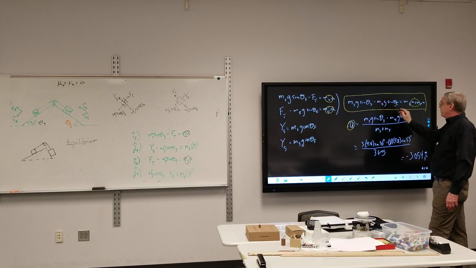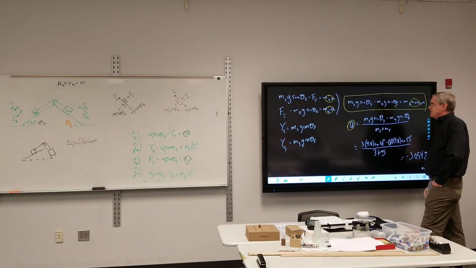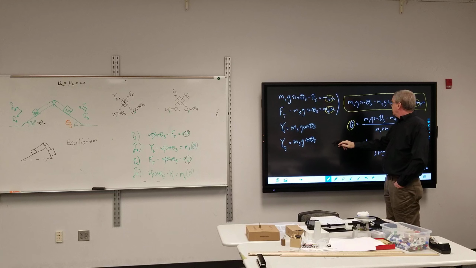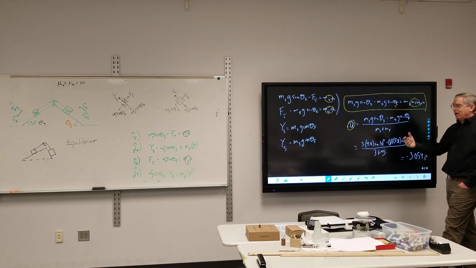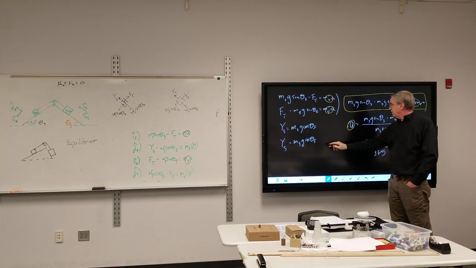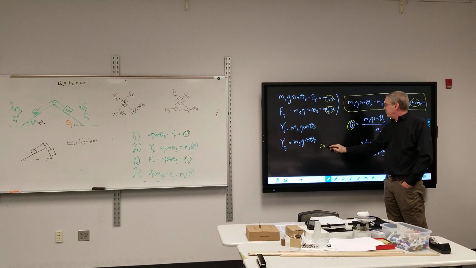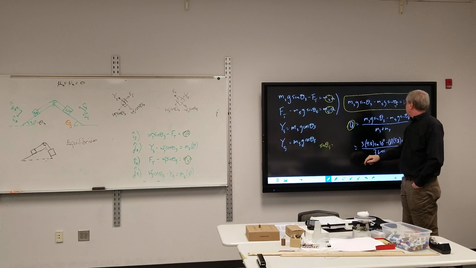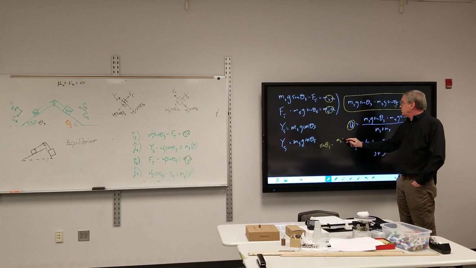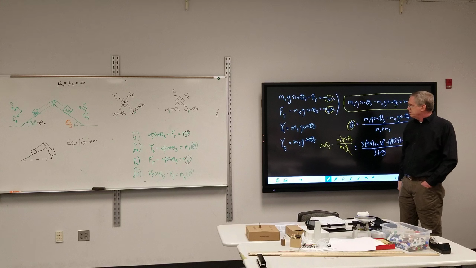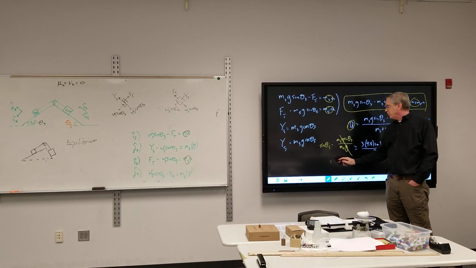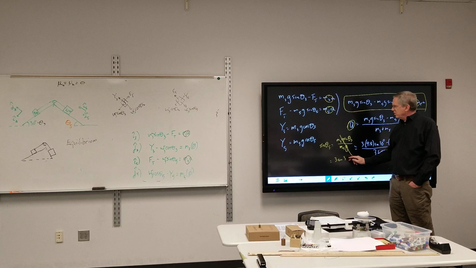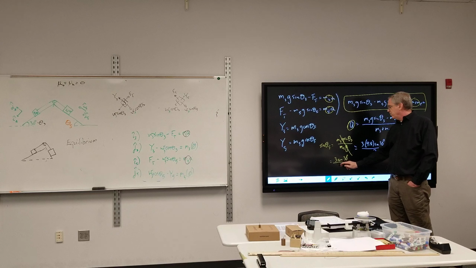So I'm solving for theta 5, and I have g common so I can get rid of it. Sine of theta 5 is equal to m3 g sine theta 3 divided by m5 g. The g's cancel. So I'm left with 3 times the sine of 30 degrees over 5.